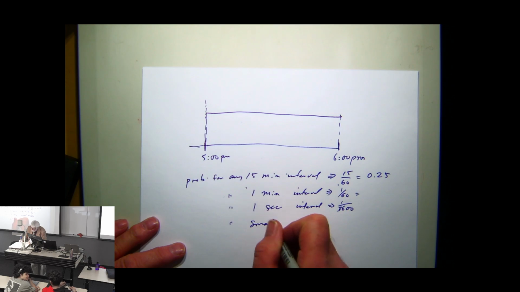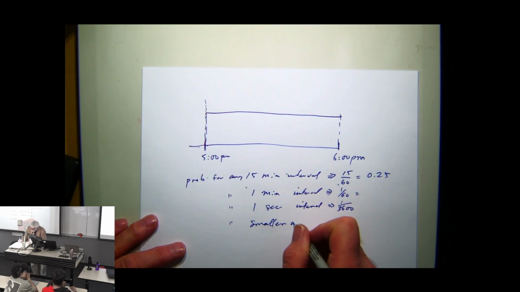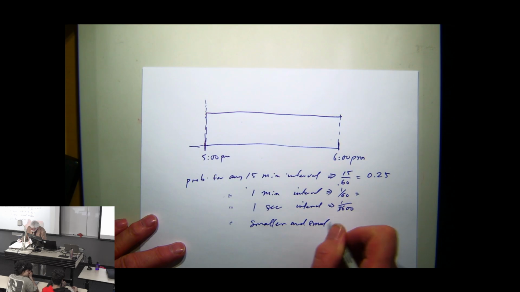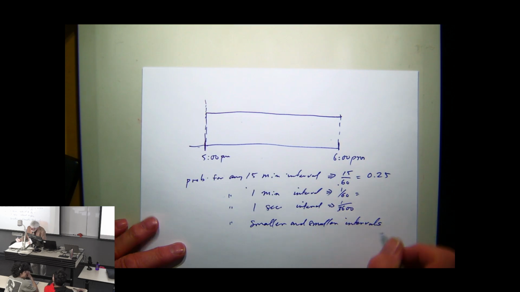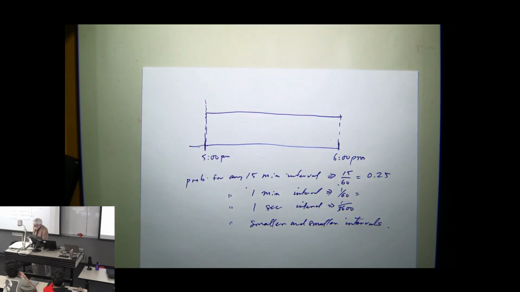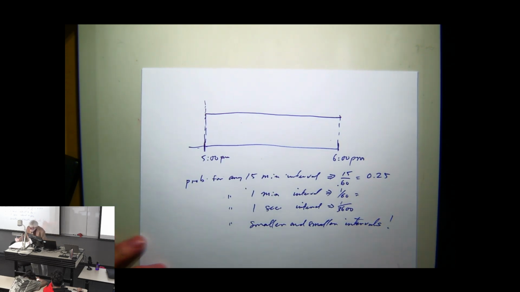I'm just going to write smaller and smaller intervals. Let's think about this assigning us probabilities now. 0 to 60.